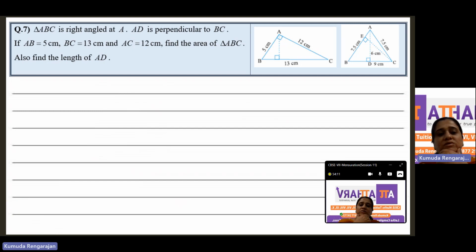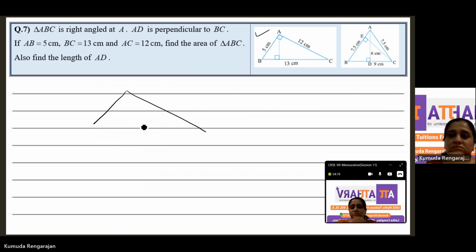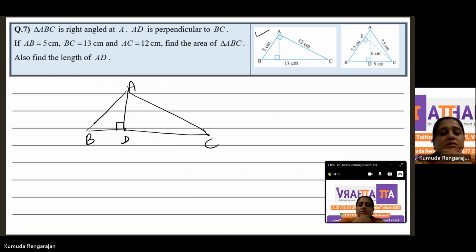All right, children. So coming back to this figure. Now you understand. So now we name all the sides and the altitudes here. Quickly. Let me tell you the base.